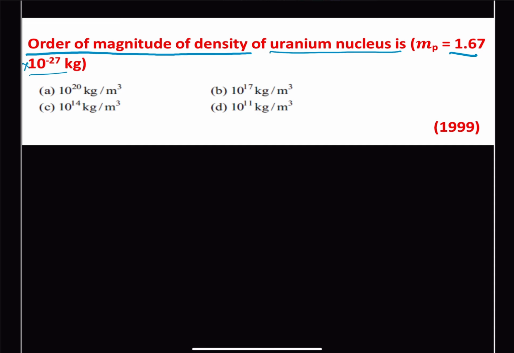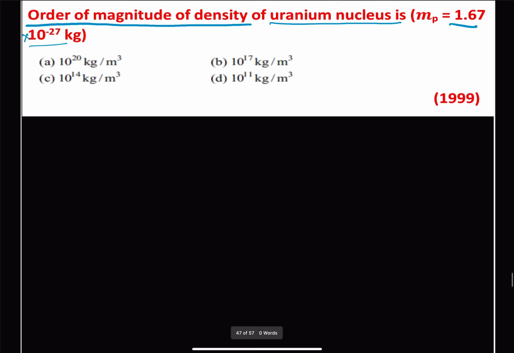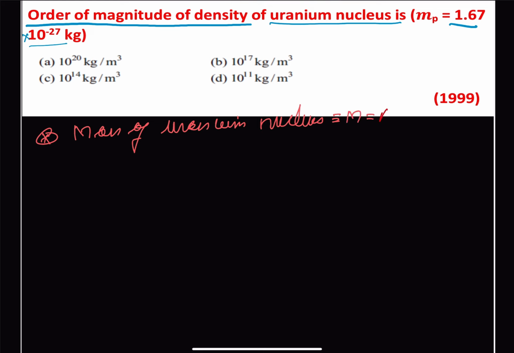From the mass of proton, we can easily find out the mass of the uranium nucleus. Mass of uranium nucleus, that is our capital M, is equal to A multiplied by mass of proton.